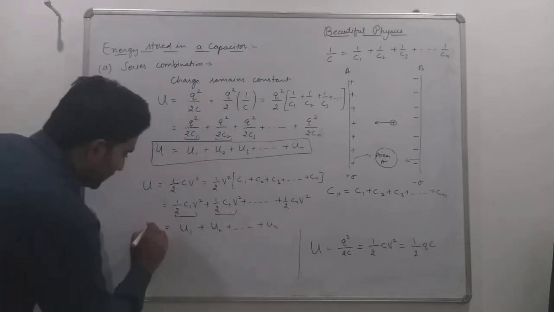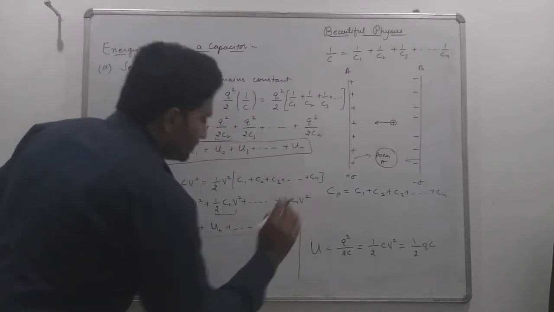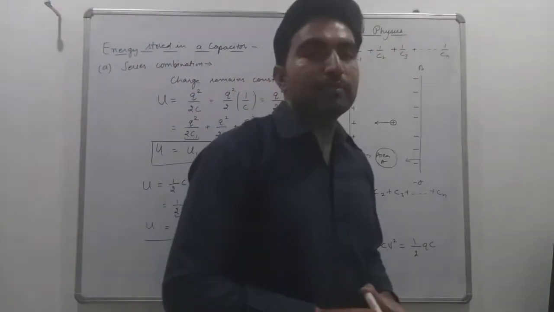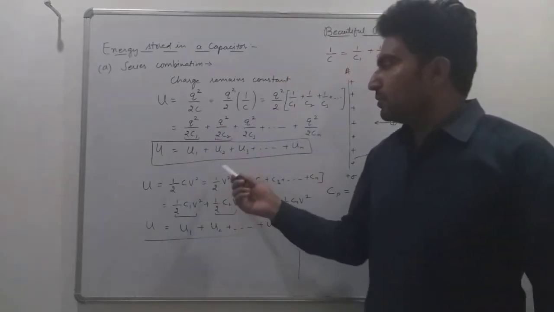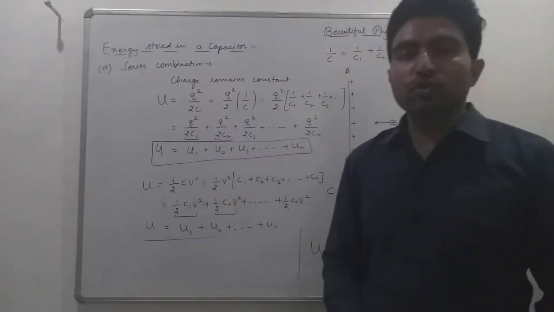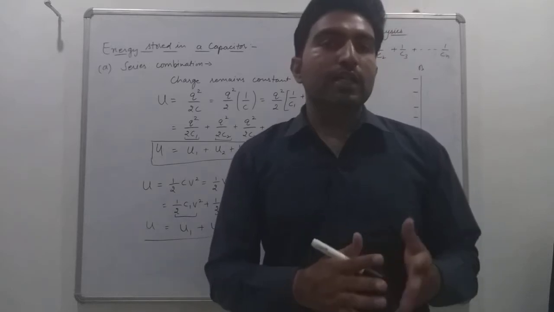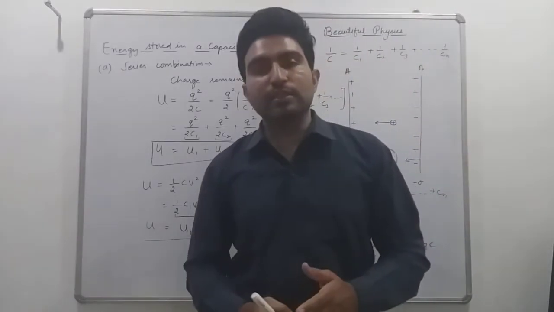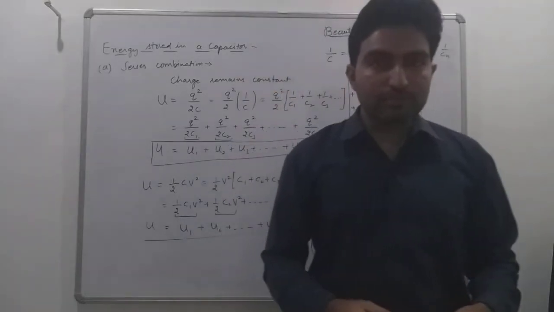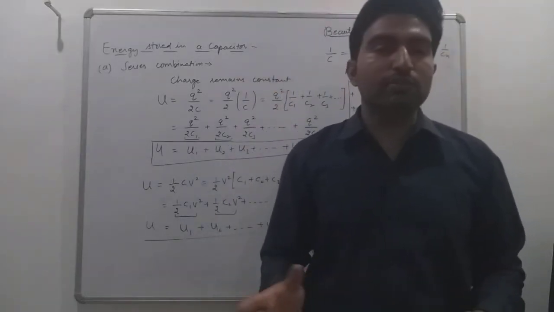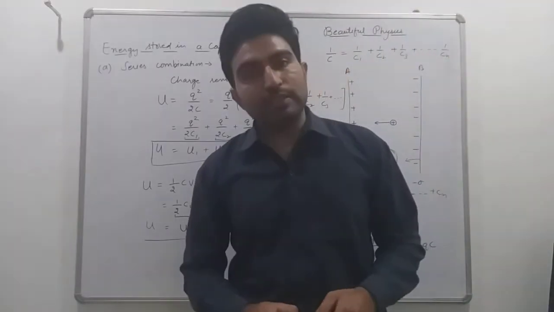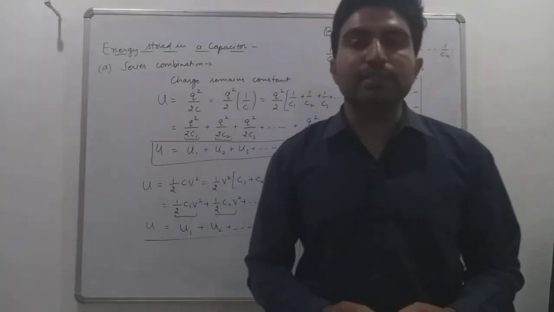So the energy stored in both combinations, whether series or parallel, is equal to U1 plus U2 plus U3 up to Un, the sum of the individual energies stored in the capacitors present in the combination.